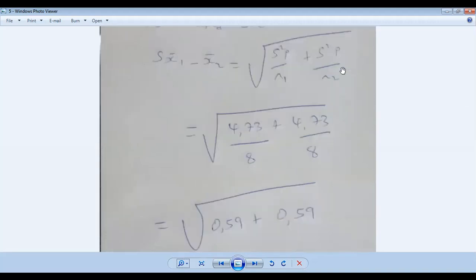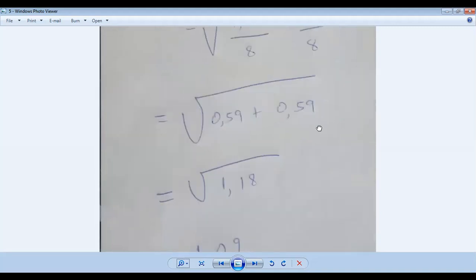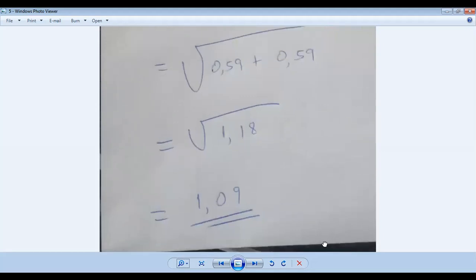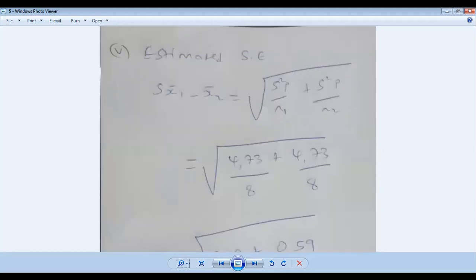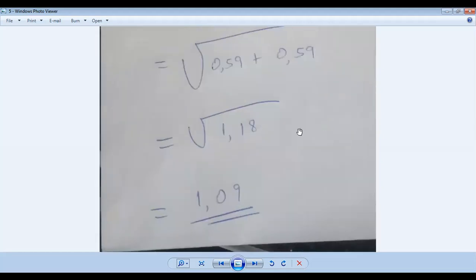That gives us the square root of 0.59 plus 0.59, which gives us 1.18. So our estimated standard error, estimated SE there, is 1.09.